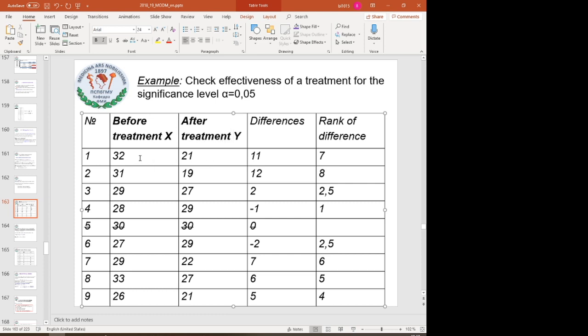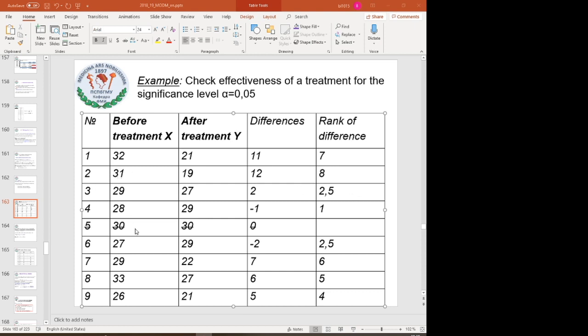Like this. For the first patient, the value goes from 32 to 21, so it decreased, and for the second one it also decreased, and for the third it decreased. For the fourth patient, the value is slightly increased.